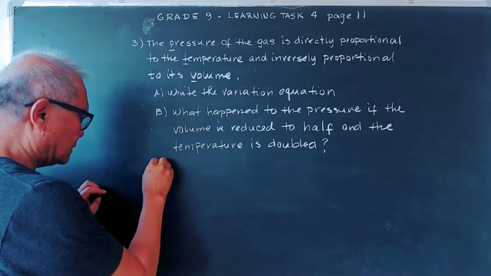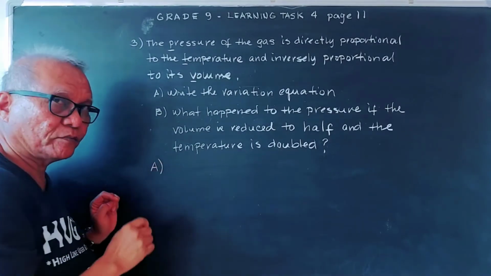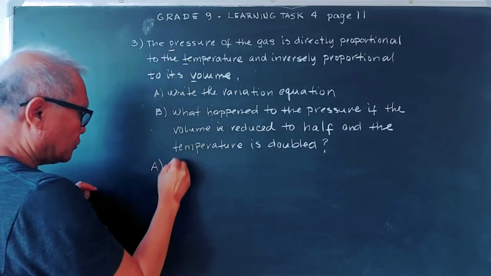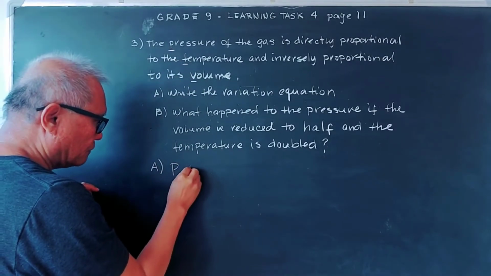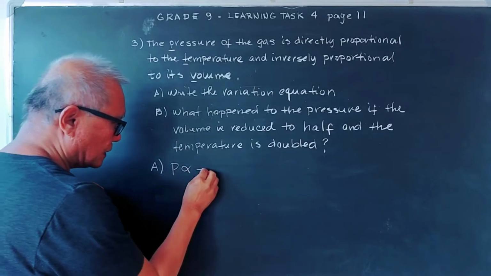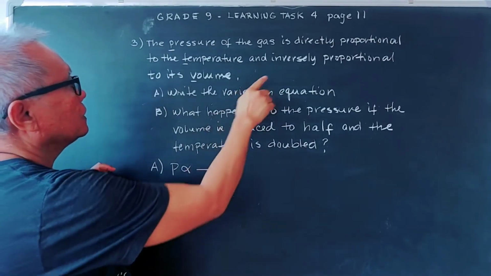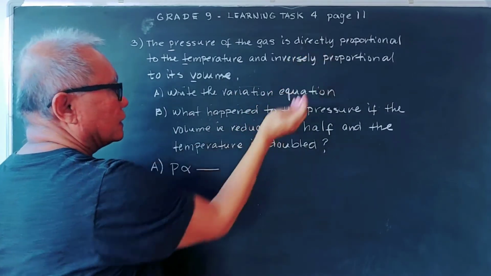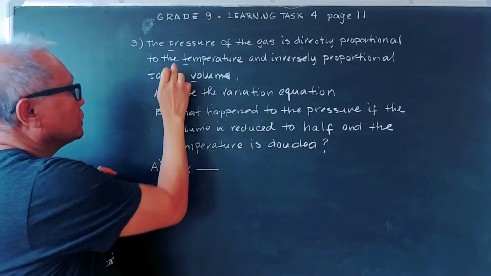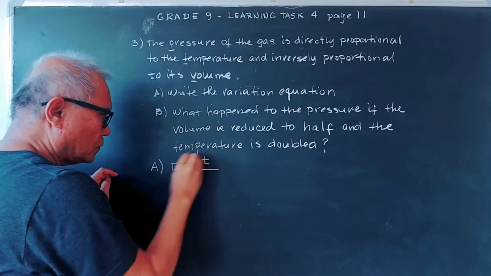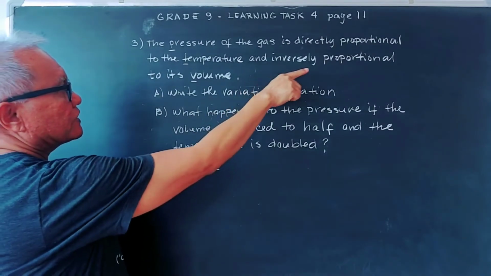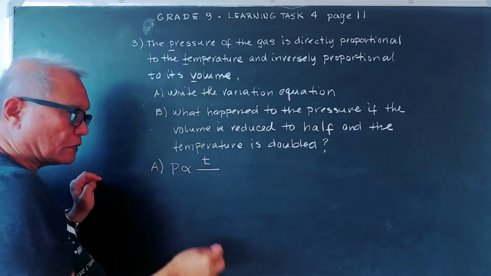Letter A. In symbol muna, ang gawin ko, pressure P varies. Yung ganon kasi combined variation siya. Directly. Itaas, direct to the temperature. And inversely proportional to its volume. Sa ibaba, yung V.